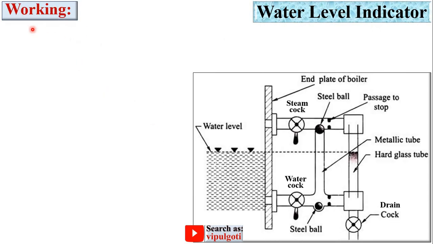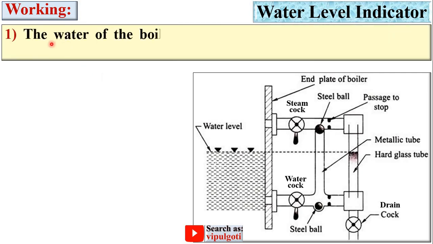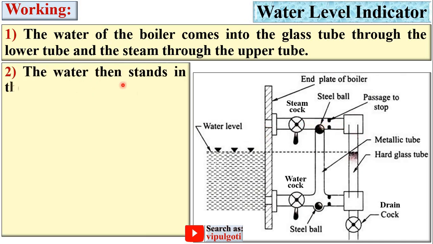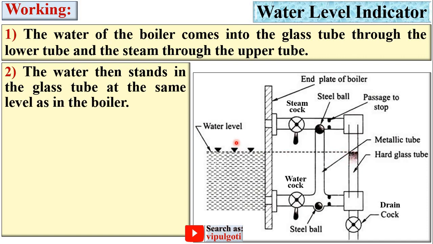Now the next important point is the working of the water level indicator. The water of the boiler comes into the glass tube through this lower tube and steam through this upper tube. The water then stands in the glass tube at the same level as in the boiler.